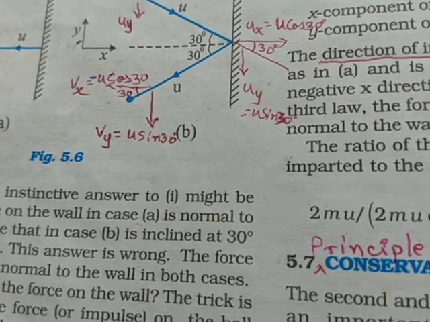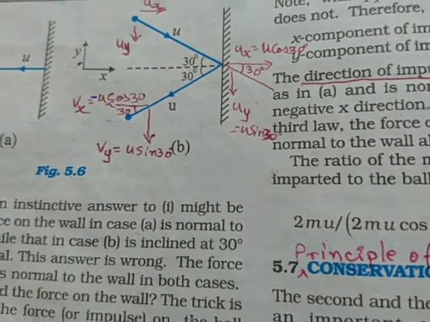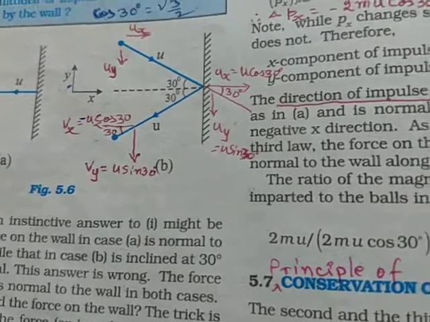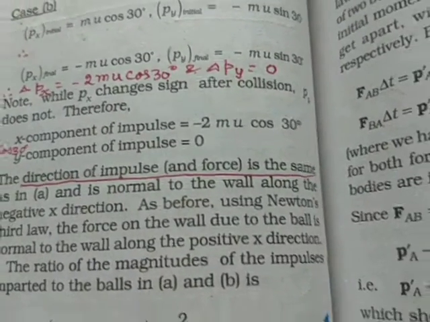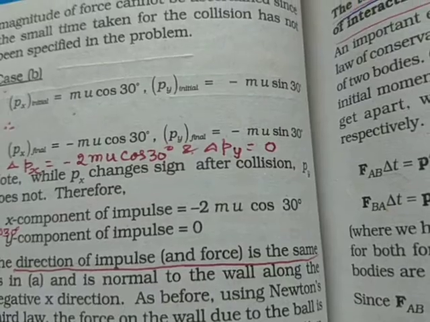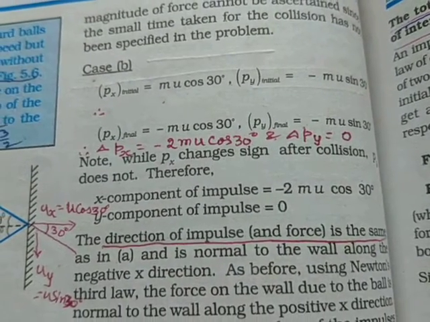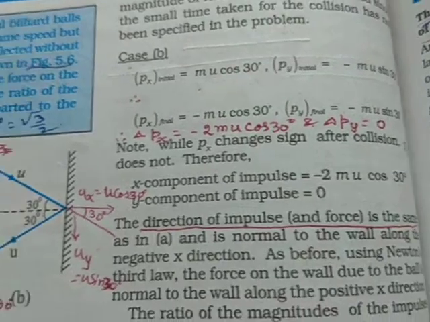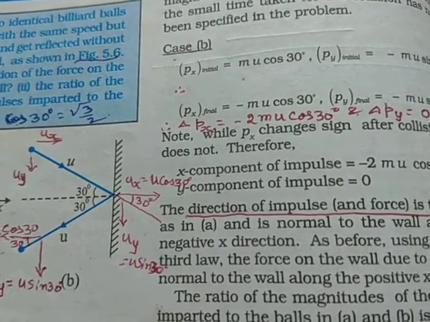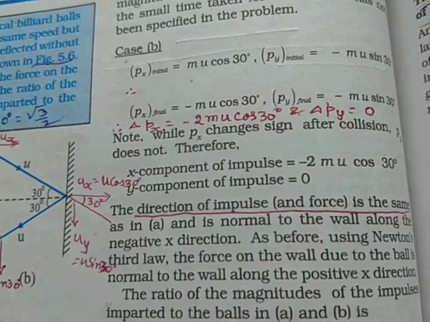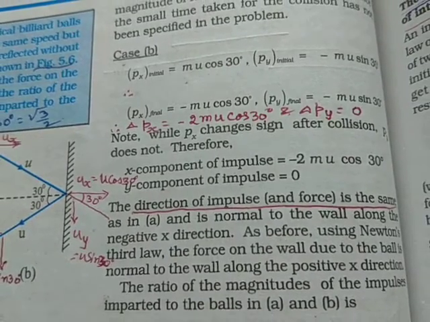So there is no change in the y component of the velocity of the ball, and as a consequence, the change in momentum along the y-axis is 0. So that means the force the ball applies on the wall will also be along the change in momentum of the ball.